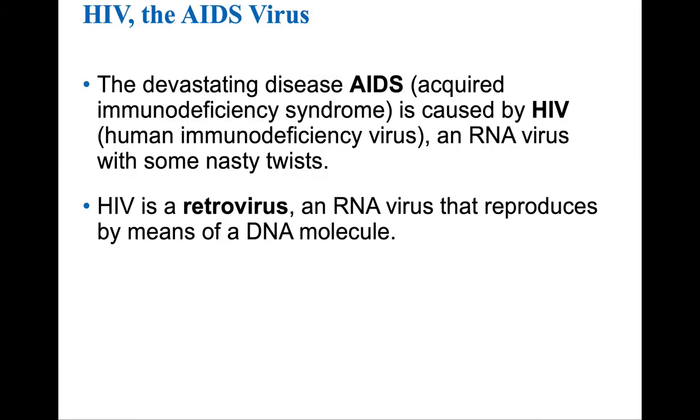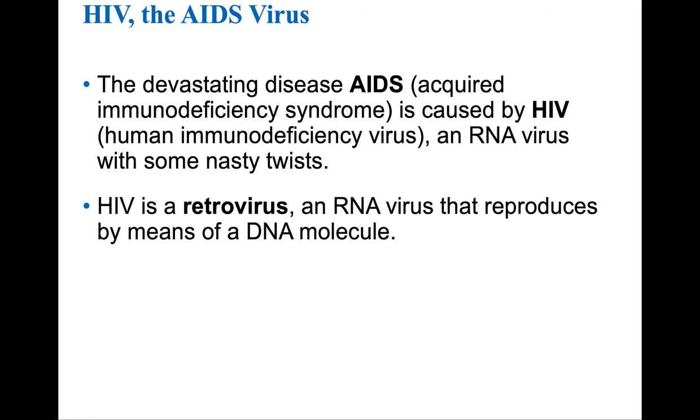Okay, this one I do care about. This one's based on page 191. And on this slide, we see AIDS, acquired immunodeficiency syndrome. It's caused by a virus called HIV, and it is an RNA virus.